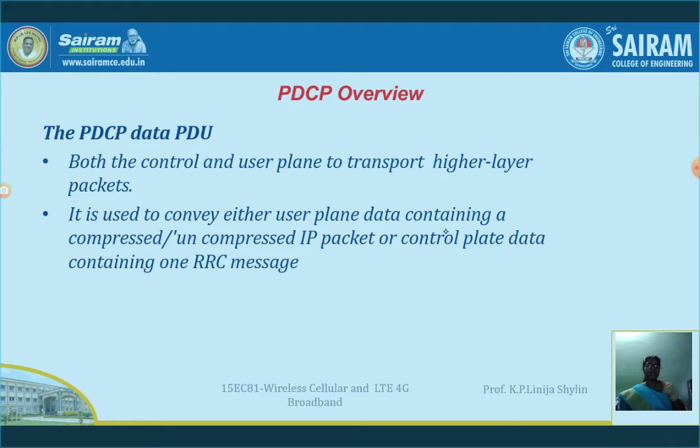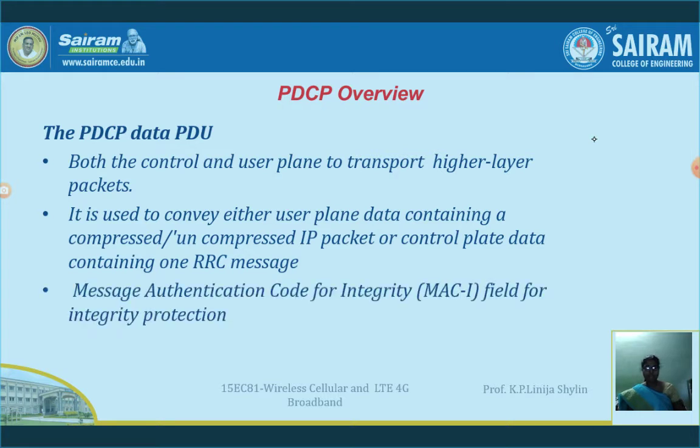Then the control plane data contains one RRC message and also a message authentication code. For what purpose is this message authentication code? It is for integrity, the MAC-I field. So in the format itself there will be a MAC-I field, which is for integrity protection.